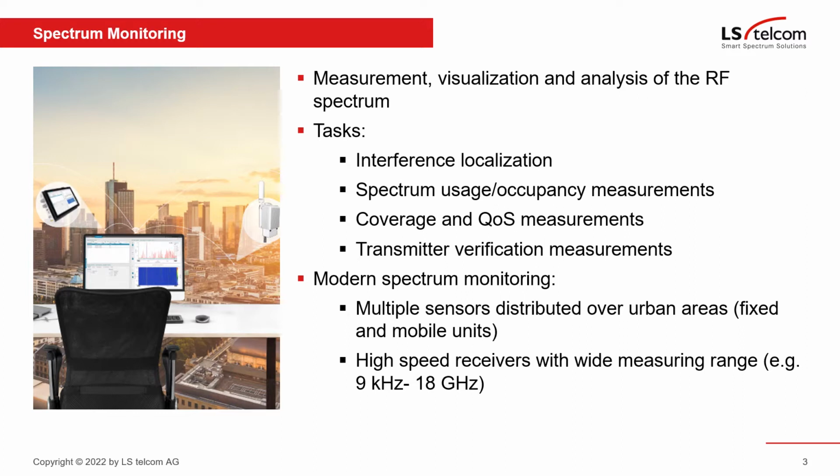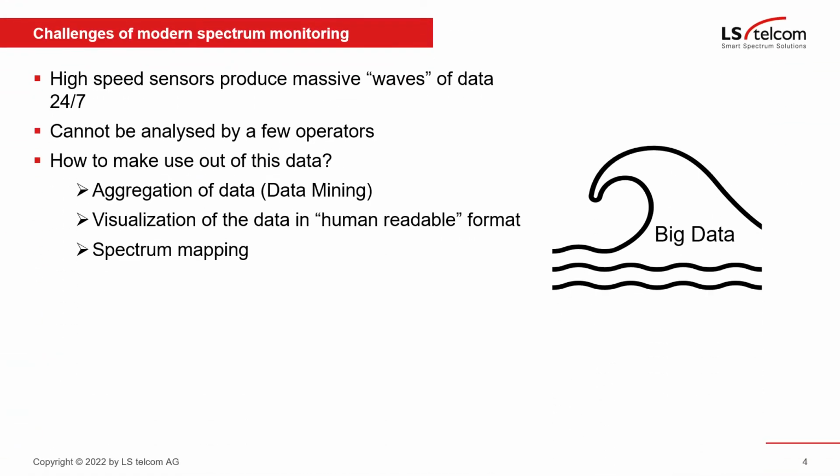A typical modern spectrum monitoring system consists of multiple sensors distributed over urban areas. They consist of fixed, mobile and portable units and typically include high-speed sensors which capture a really wide measuring range, for example 9 kHz up to 18 GHz. The modern way of monitoring comes along with some challenges.